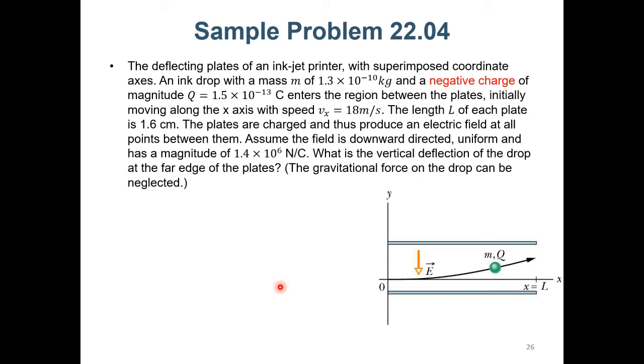So we have a sample problem. The deflecting plate of the inkjet printer with superimposed coordinate axis: an ink drop with a mass and a negative charge of magnitude Q enters the region between the plates, initially moving along the x-axis.